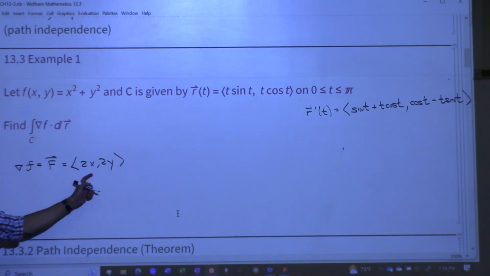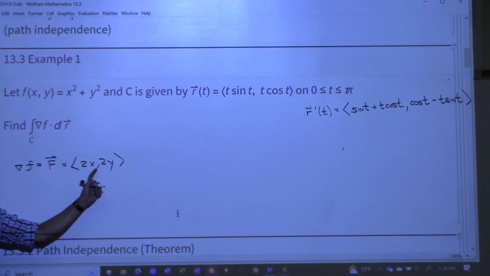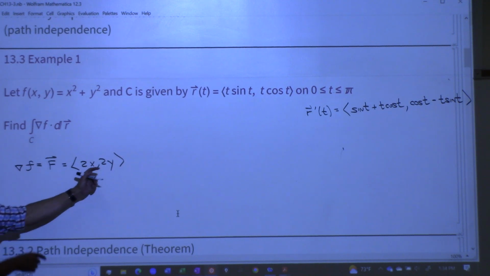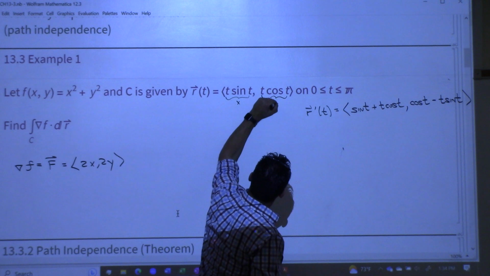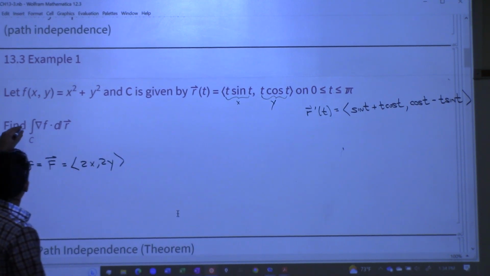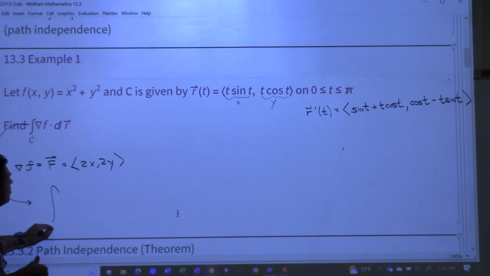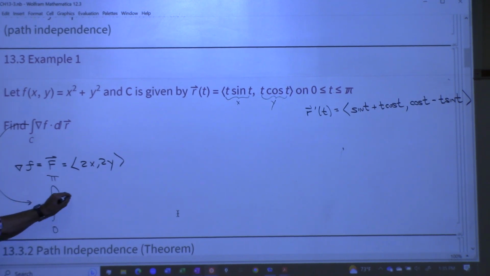So I've got my field, right? My field has x and y in it, right? I need to evaluate this field at the x and y from the position. This is the x of the position, this is the y. So this becomes integral from 0 to pi, that's given to me. And then the field, the gradient vector field, replacing x with what?